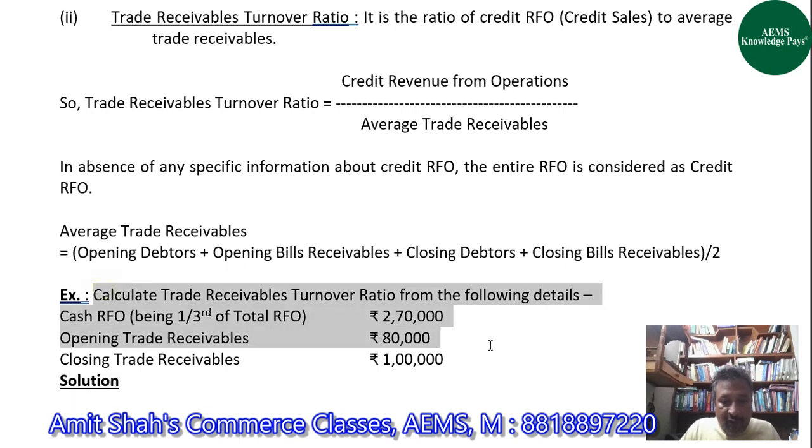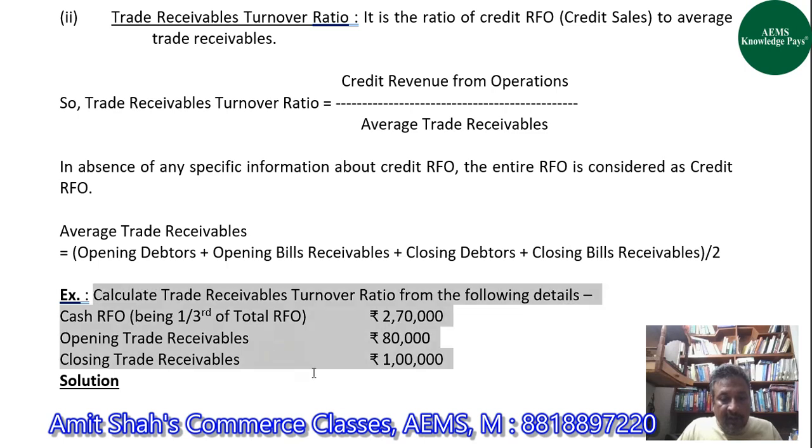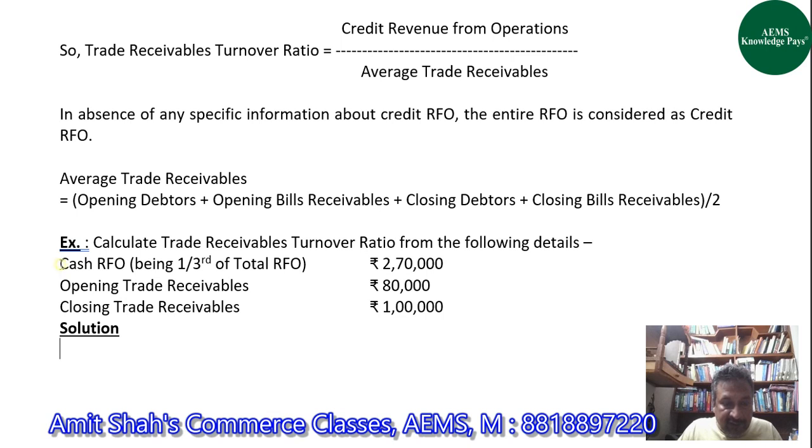So guys, this is an example of trade receivables turnover ratio. We have been given cash sales, that is cash RFO, which is one third of total RFO. And amount of cash RFO is 2,70,000. We have also been given opening and closing trade receivables.